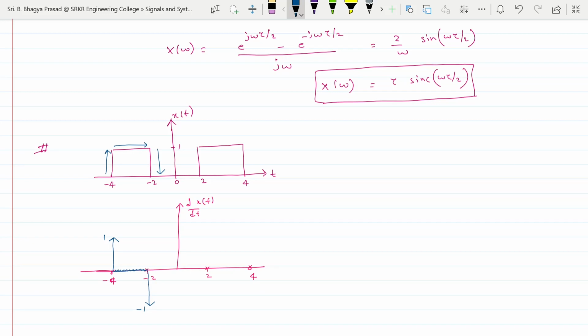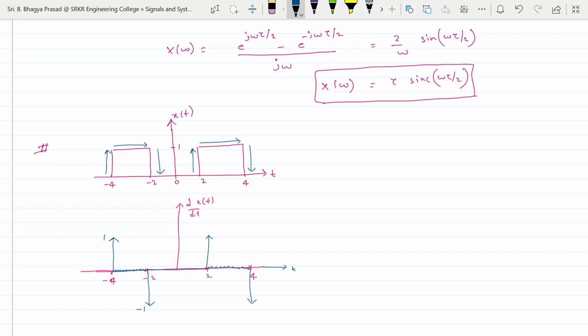And now from minus 2 to 2, the value will be 0. And at 2, there is an increase in value, that is from 0 to 1. So we represent it with an impulse, and the value is constant between 2 and 4, so the derivative is 0. And again at 4, there is a decrease of value from 1 to 0. So we represent it like this.